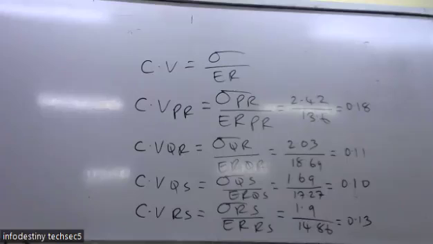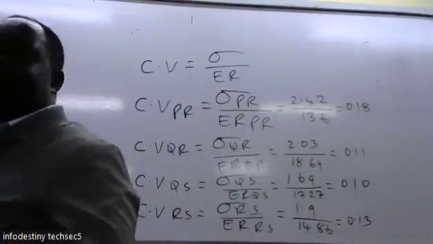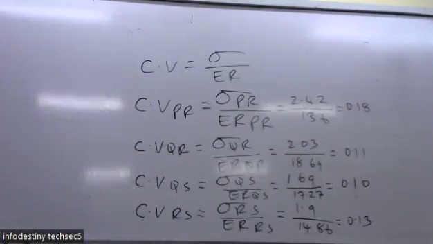So we pick the lowest coefficient of variation. The lowest is 0.10, the one for QS.